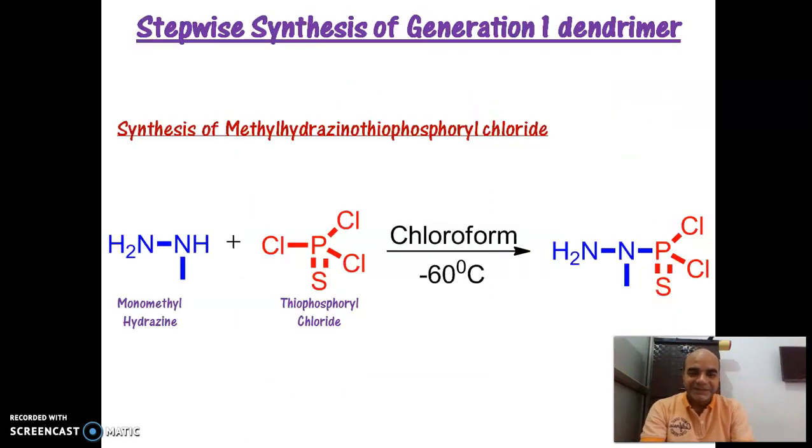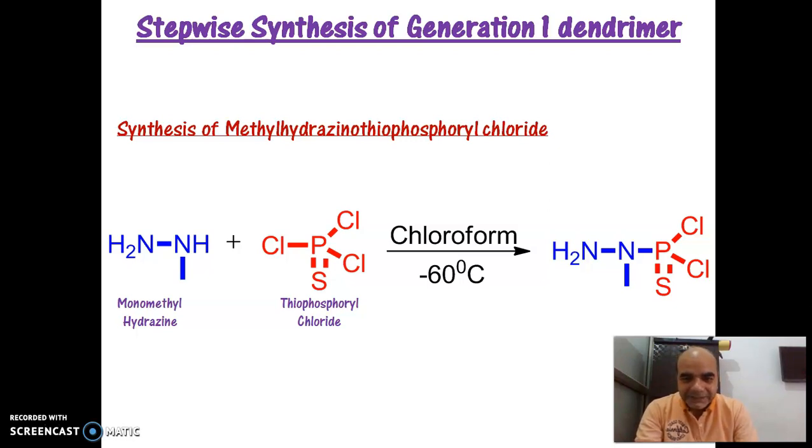So this is the synthesis of my dendrimer. In the group, we were working in phosphorus chemistry, and we have utilized this phosphorus chemistry for the synthesis of these phosphorus dendrimers.